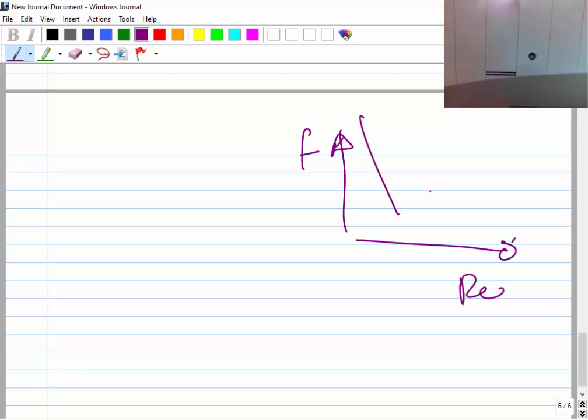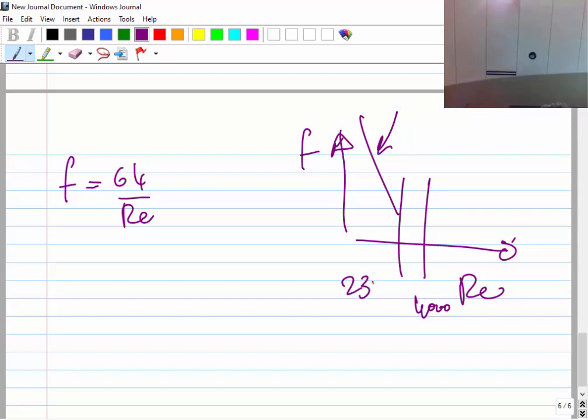When you are laminar, only when you are laminar, there is one curve, and that curve is 64 divided by the Reynolds number. But if you are turbulent, and that happens when the Reynolds number is 4,000 or higher, so if you are less than 2,300, you are laminar. If you are more than 4,000, you are turbulent.